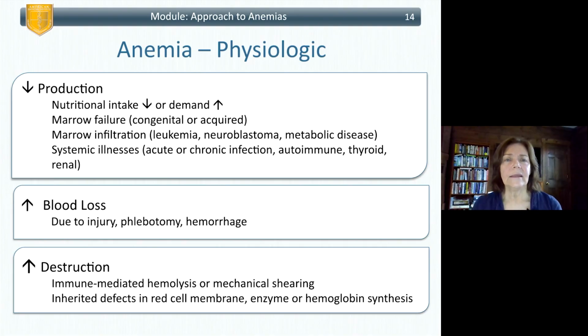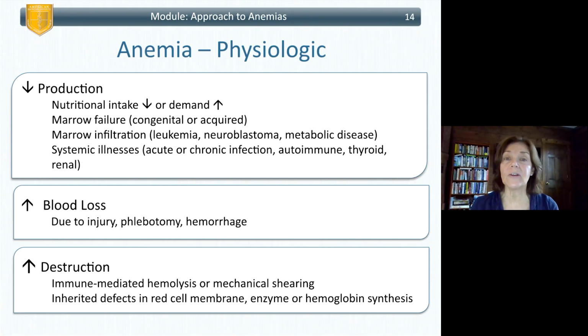So in issues where there is decreased production causing the anemia, we always think about the nutritional intake. If it's down, whether they're anorexic or have a poor nutritious diet, or whether there are increased demands on the body for the nutrients, such as in growth spurts or after heavy menstruation.